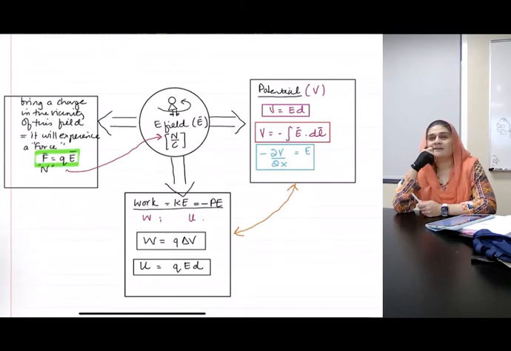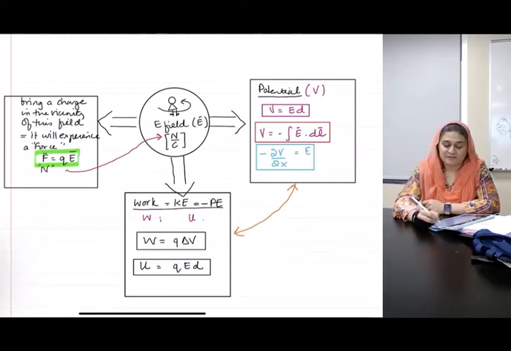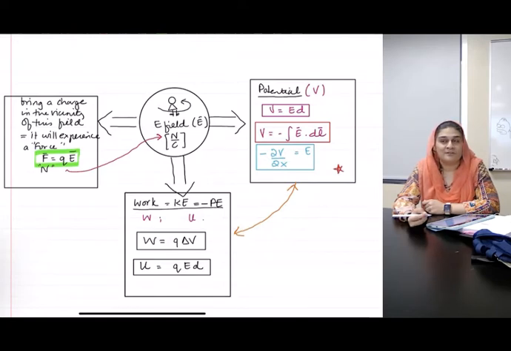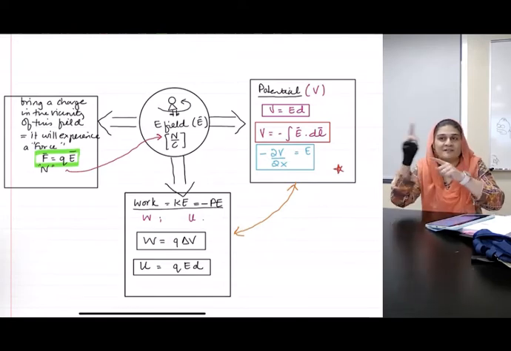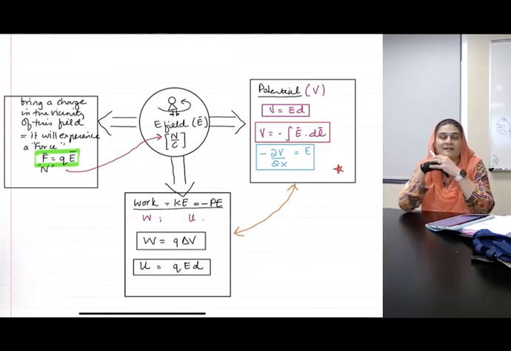Is that obvious? So between the pink, the red, and the blue in this box right here, do you see that these are not really new formulas? I'm just moving things around depending on what I need.